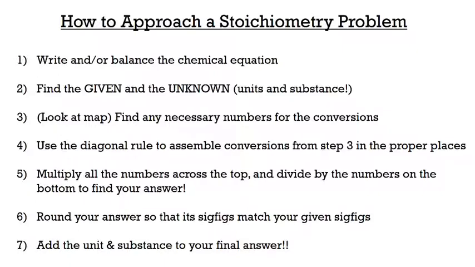So of course, in all of these problems, we need to have a balanced chemical reaction. So I'm not going to be focusing on that part now, but you either need to write it out or balance it or both to make sure that you're ready to work out these problems. And then before we can even look at the map, we need to read through the question and figure out what numbers and units were given and what the question is asking for, what the unknown is.